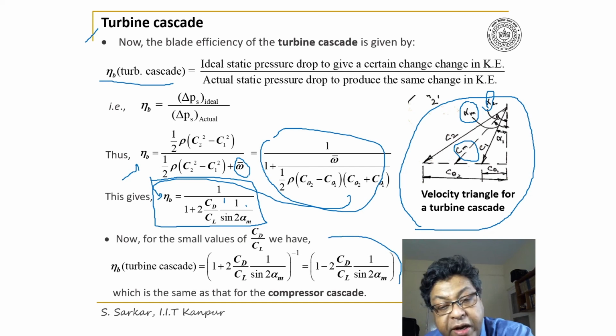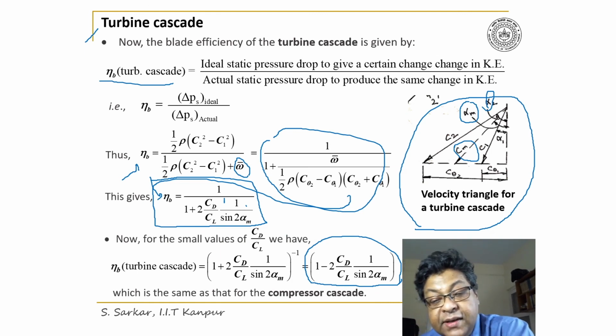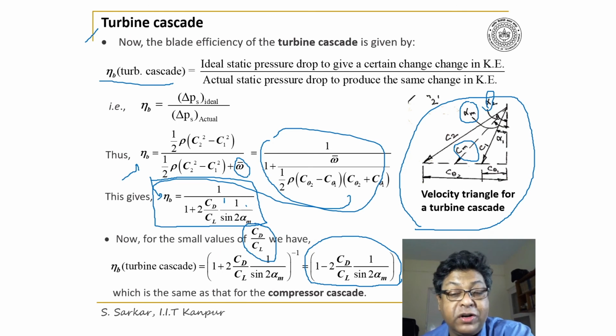So this expression is now the same as that of compressor cascade. Thus please note that for small ratio of CD by CL, the blade efficiency for turbine would be the same as that of the compressor. However, in the expression here, in the lift coefficient, I have neglected the effect of drag.